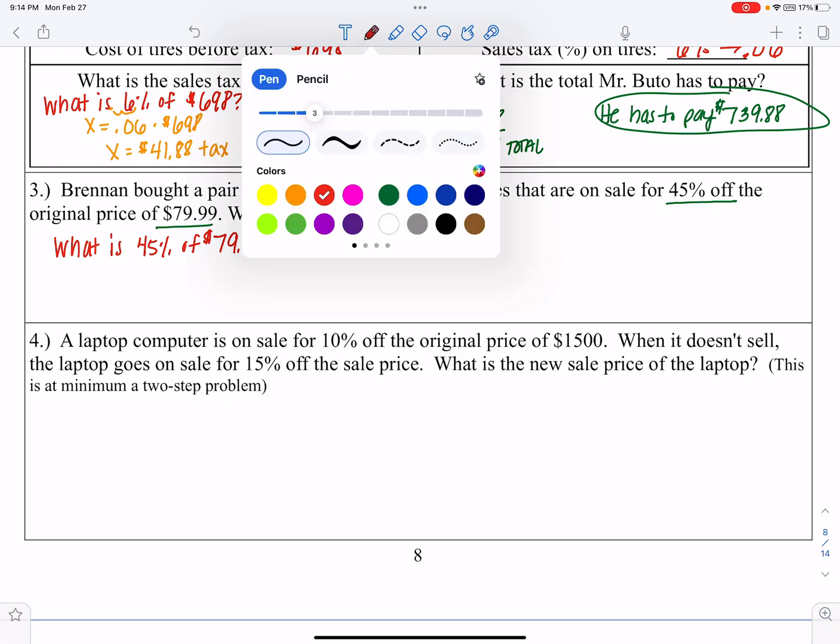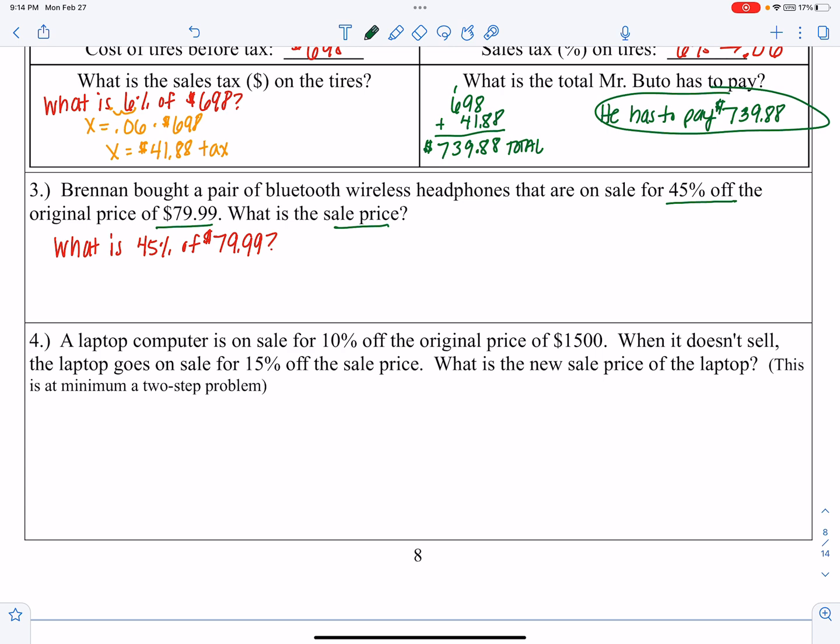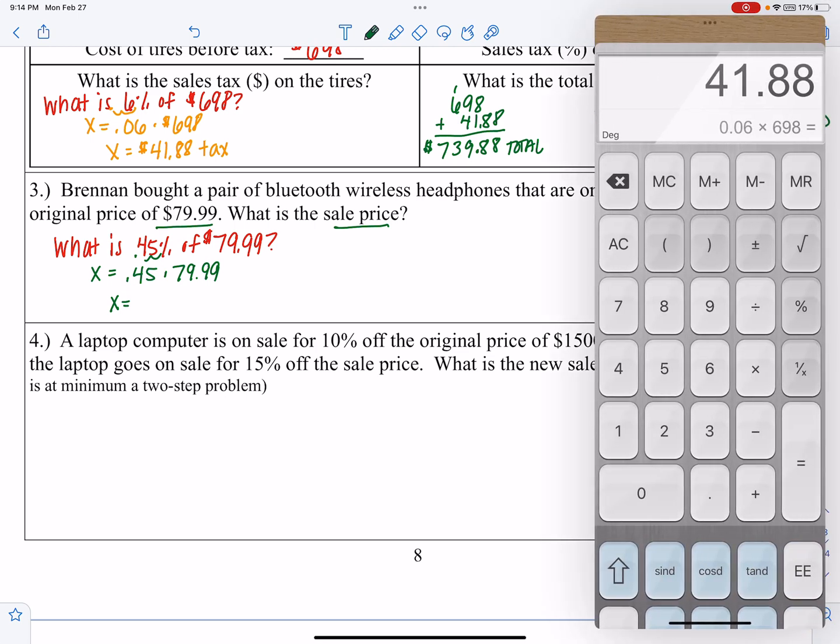Let's go ahead and do the direct translation, okay? Because I want to know how much money am I taking off as a 45% discount, okay? So X equals, do my two swoops, 0.45 times $79.99. So what is my discounted amount? 0.45 times $79.99.